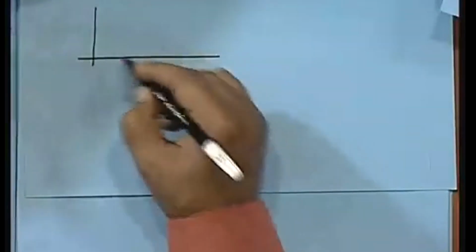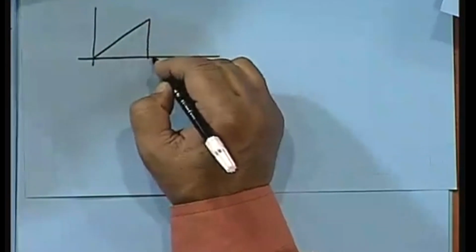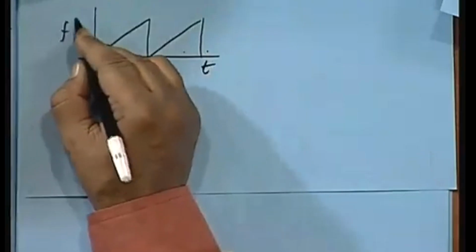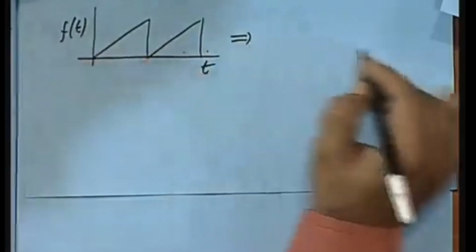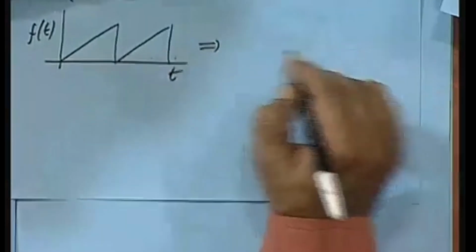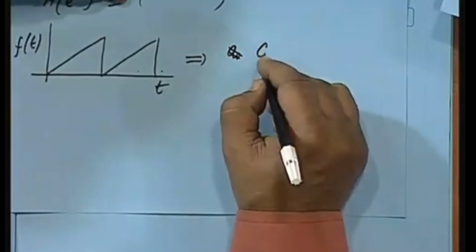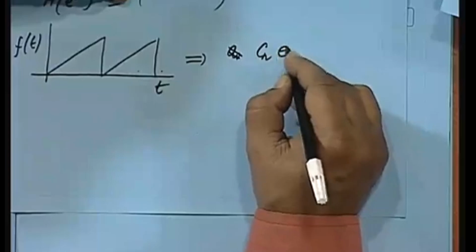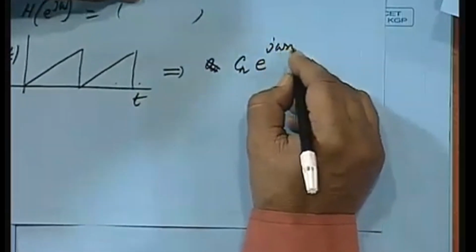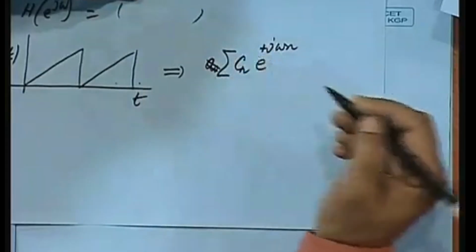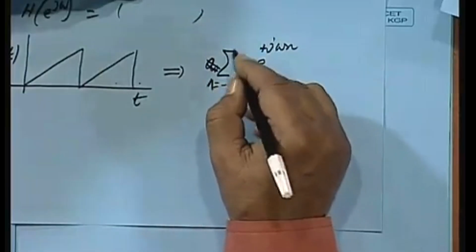In your classical Fourier series, you have seen that any periodic function in the time domain can be expressed in the frequency domain as A0, and I will write it in complex form, summation of Cn e to the power j omega n, with n varying from minus infinity to plus infinity.